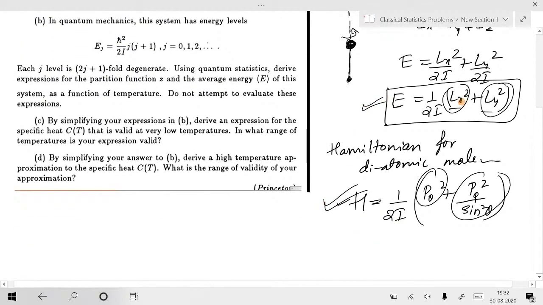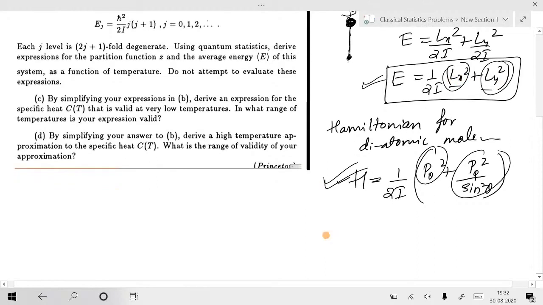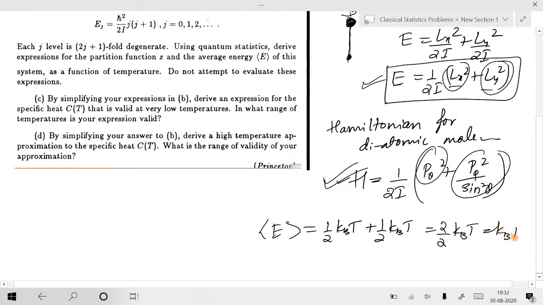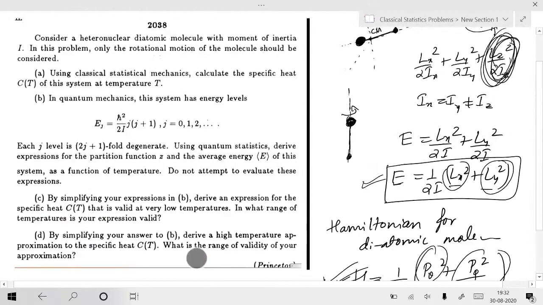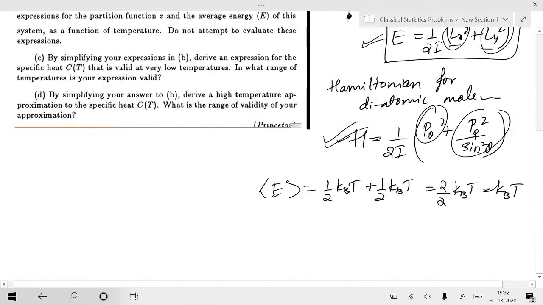So that is the Cartesian way and the polar way of writing this. But one thing you should remember: it contains quadratic terms, and I can apply my equipartition theorem whenever I deal with quadratic terms. That's why the average energy, which contains two quadratic terms, is half kBT for each quadratic term, that is 2 by 2 kB T, equal to kB T. I better write this average energy per particle as small e, because we write that for one molecule.